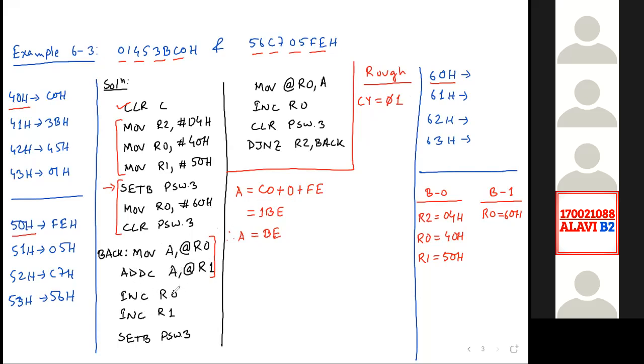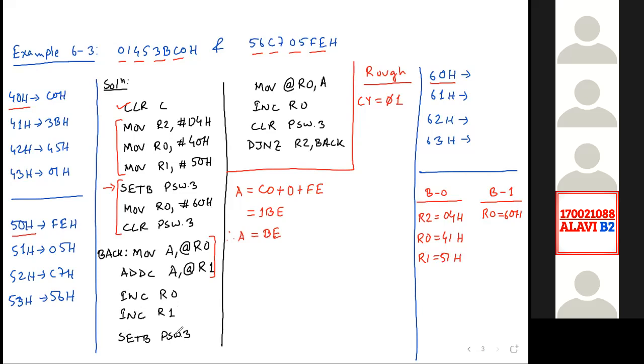So we increment R0. So previously the value of R0 was 48. So now it will become 49H. Then we increment R1. Again, R1 was having the value 58H. So this 58H will be gone and the new value will be 59H.